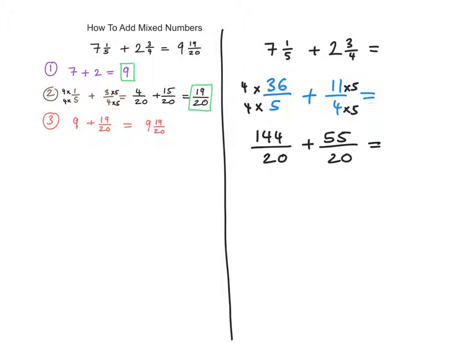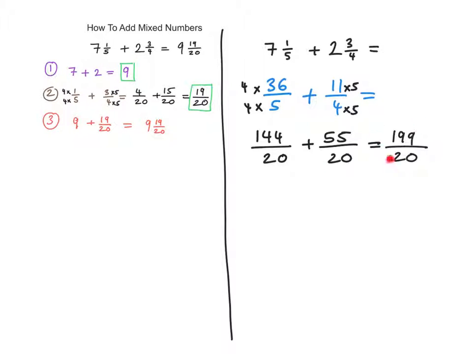Now that the denominators are the same, I can just add the fractions. 144 plus 55 is just 40 add 50 is 90, 4 add 5 is 9, so that's 199 over 20.